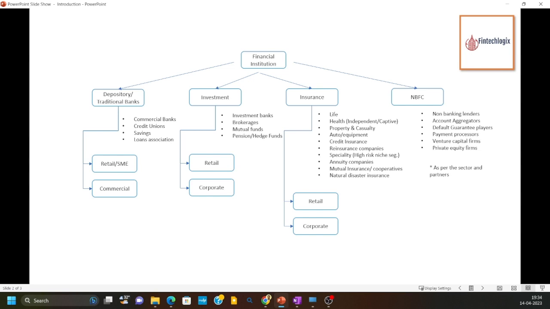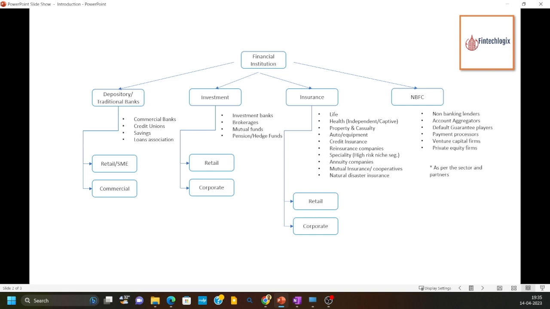Now, default guarantee players. I was talking about FLDG. Normally you see default guarantee players in the market, but the number is decreasing now because of a lot of regulations that have come to market related to co-lending. But still, these players are there, and it is very important to have those players also.